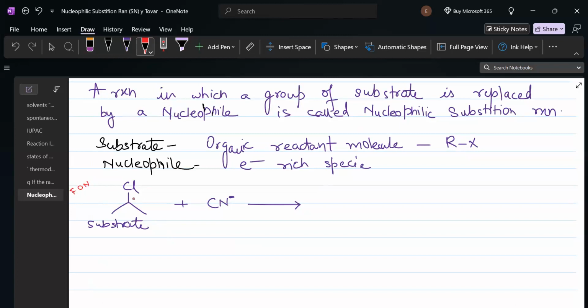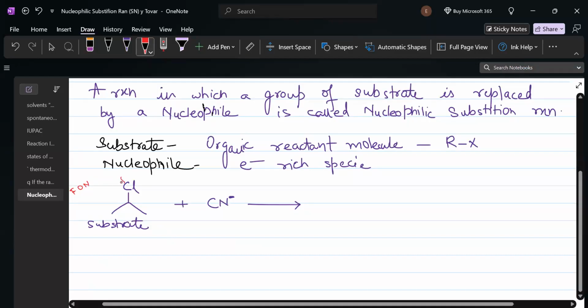So chlorine is a very electronegative atom. So it will attract the shared pair of electrons towards itself, right? The more electronegative atom will obviously attract the electrons. So it will have a partial negative charge, and this carbon will have a partial positive charge.